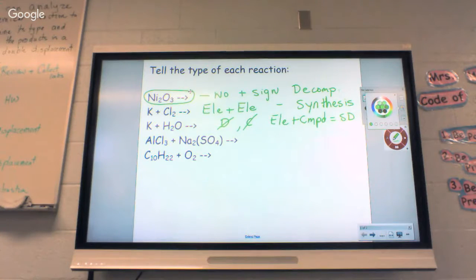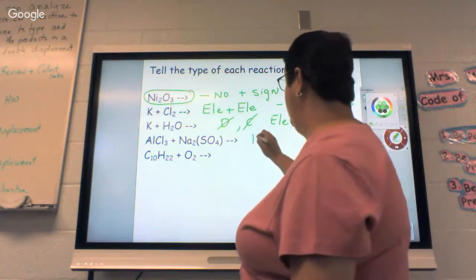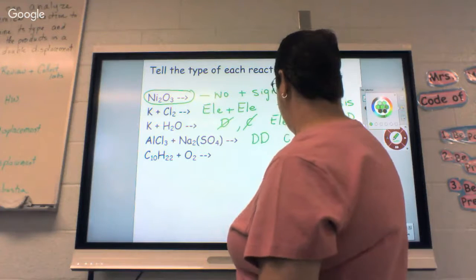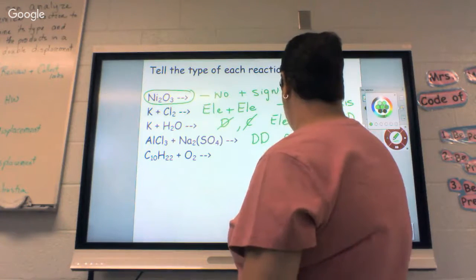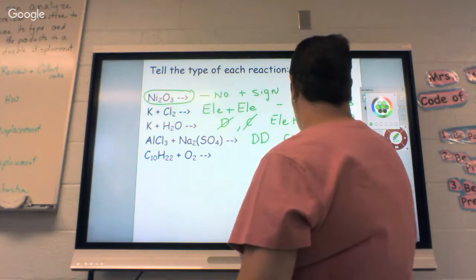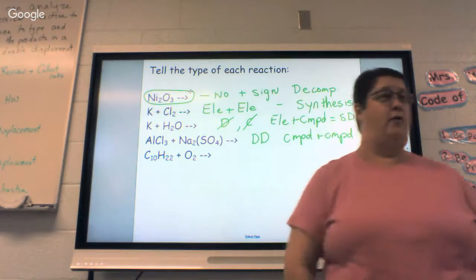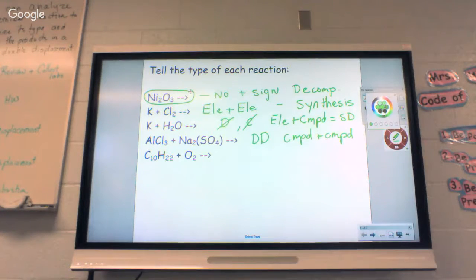Now, the fourth one should slap you. What's number 4? It should slap you. It's 2 big compounds. It is double displacement. It is a compound plus a compound. And when we start predicting, they're the ones that have the least number of mistakes amongst students.